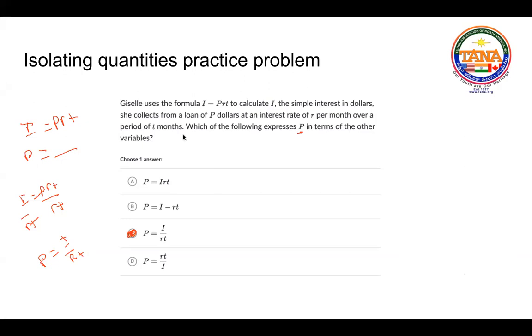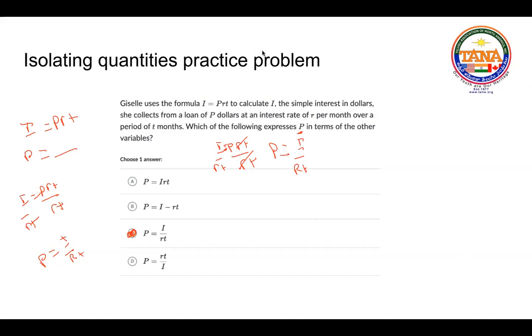Okay, so for this question, you're given the equation I equals P R T, and what you want is P equals something. The easiest way of doing this is to divide by R and T on both sides, because again, when you do something on one side, you're supposed to do it on the other side as well. When you do that, you get P by itself, and you have I over RT, because you cancel out these and you're just left with P equals I over RT.